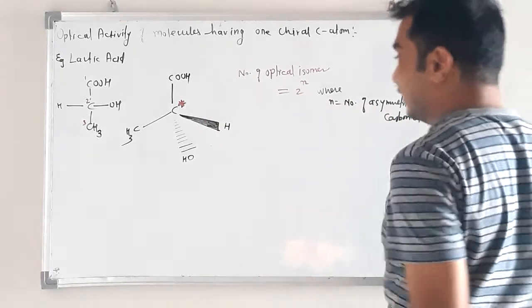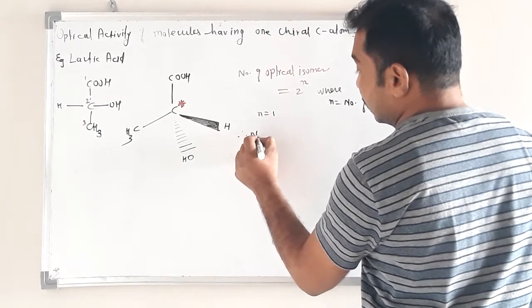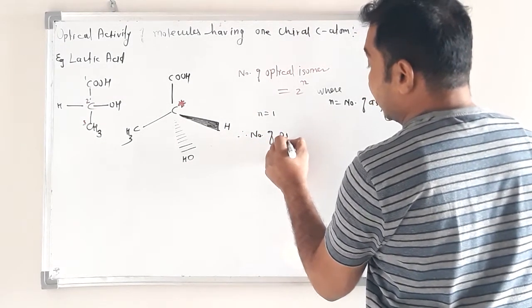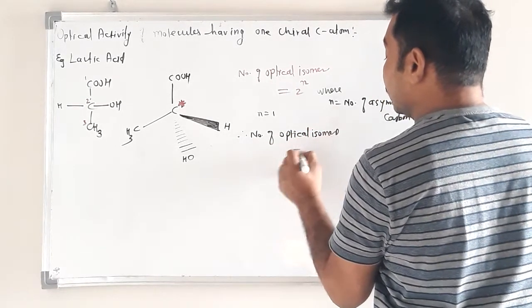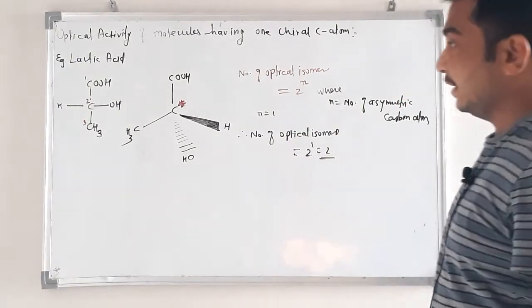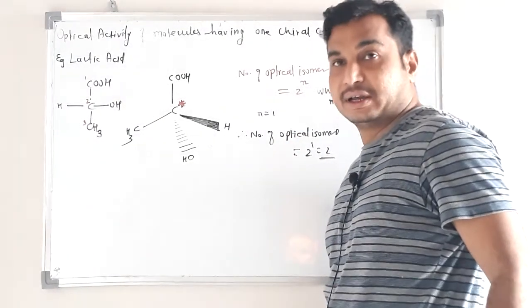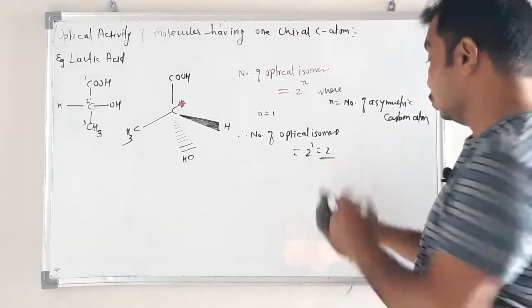So in case of lactic acid, n equals 1, so the number of optical isomers equals 2 raised to 1, that is 2. Lactic acid has one asymmetric carbon atom and the number of optical isomers possible is 2.